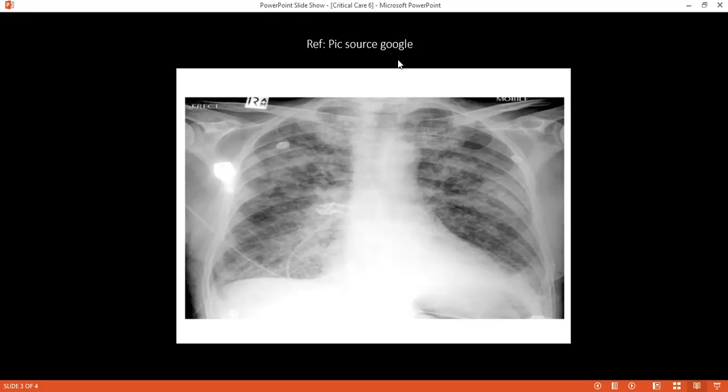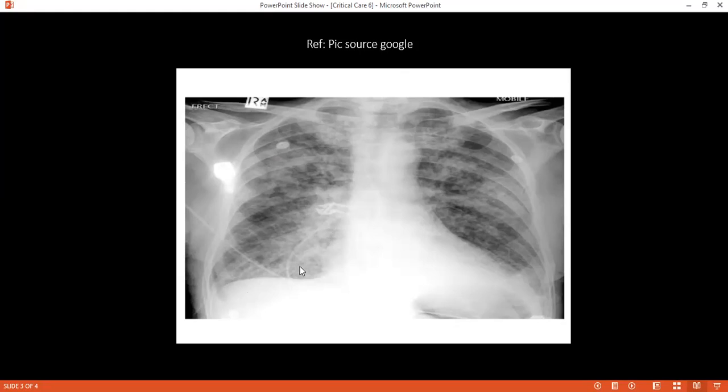The trachea seems central, and there is no bony defect, and there is no surgical emphysema. And there are some leads which seem to be ECG leads. What else?